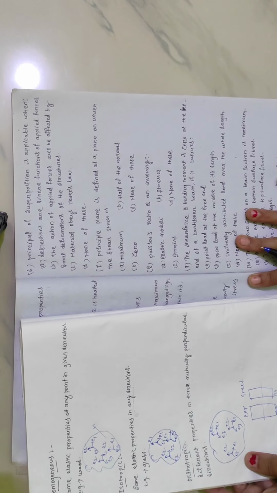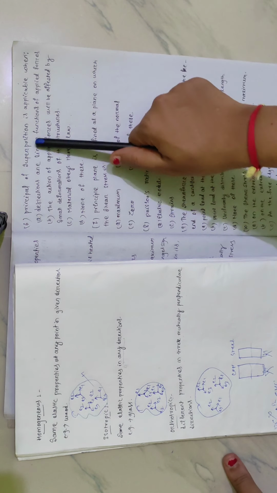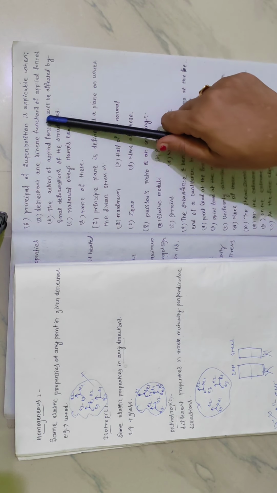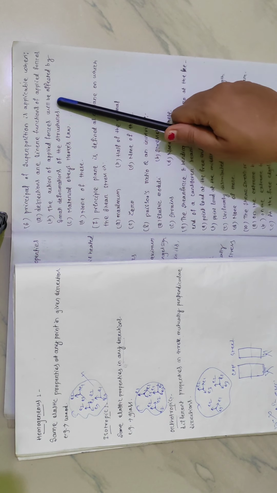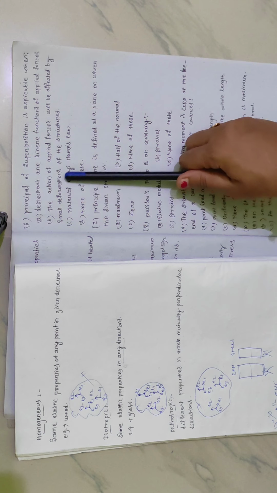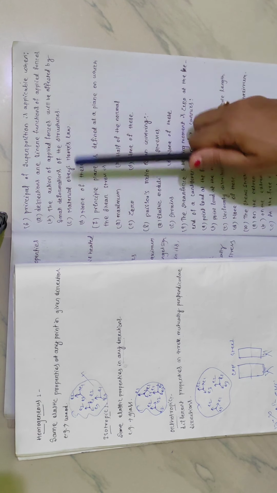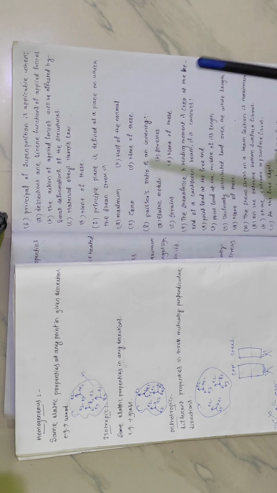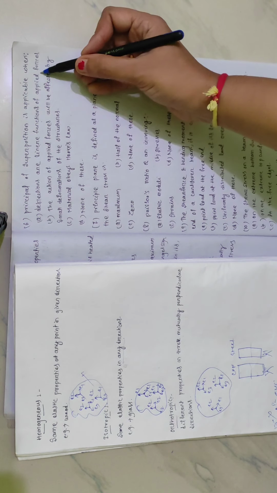Let's go to the 6th number. Principle of superposition is applicable when deflections are linear functions of applied forces; the action of applied forces will be affected by small deformations of the structures; material obeys Hooke's law; none of these. So the principle of superposition is applicable when deflections are linear functions of applied forces.